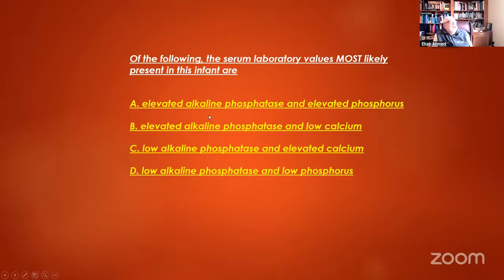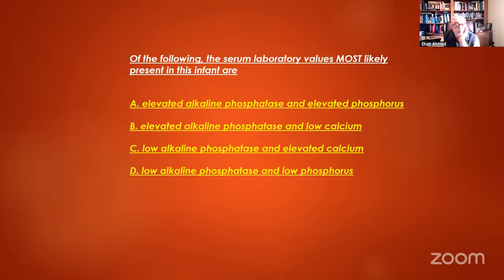Is it that the alkaline phosphatase is high and the phosphorus is high, or alkaline phosphatase is high and the calcium is low? Alkaline phosphatase is low and the calcium is high, or alkaline phosphatase is low and the phosphorus is low.